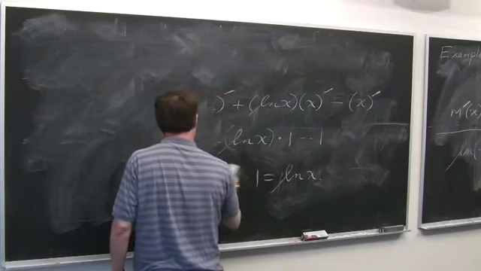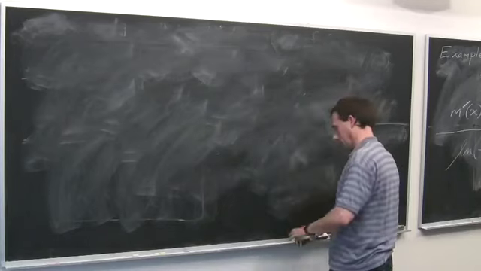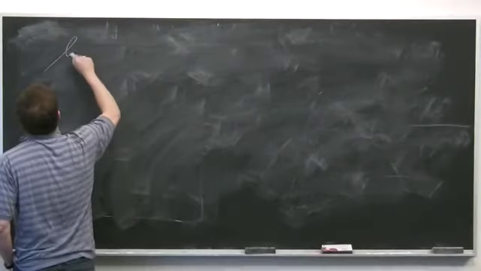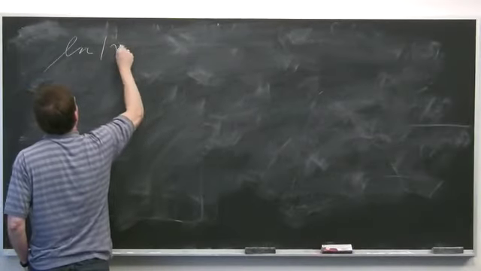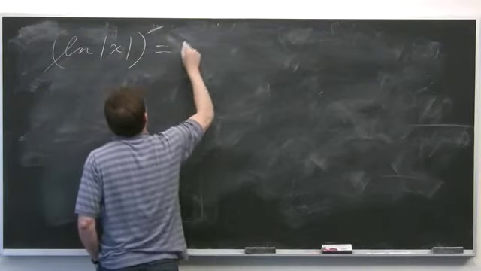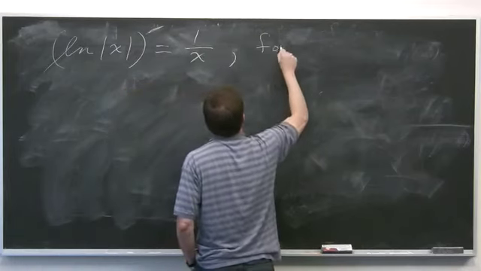The general formula that includes both cases, I claim, is this: the derivative of the natural log of the absolute value of x is 1 over x, for all x except 0.